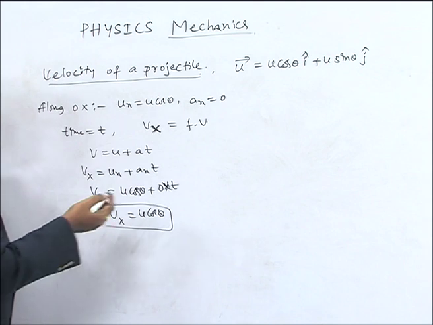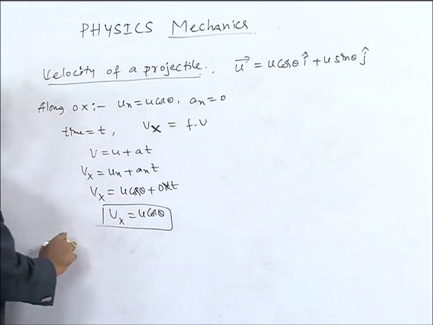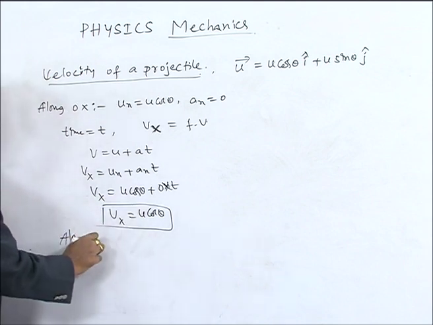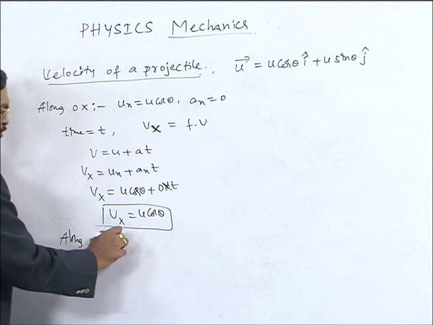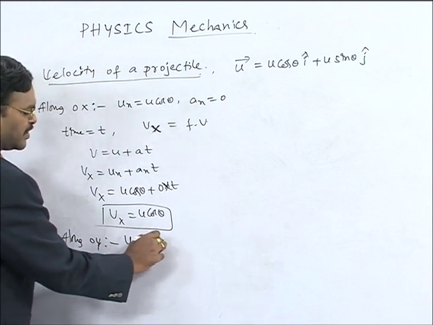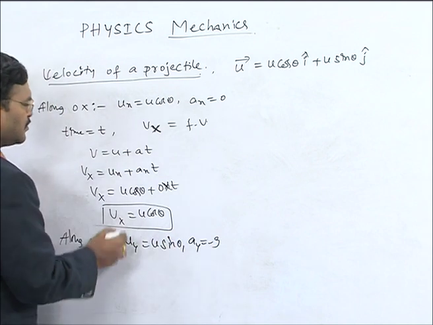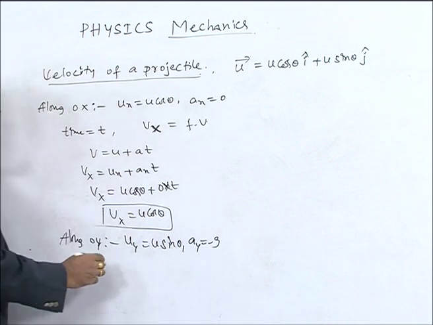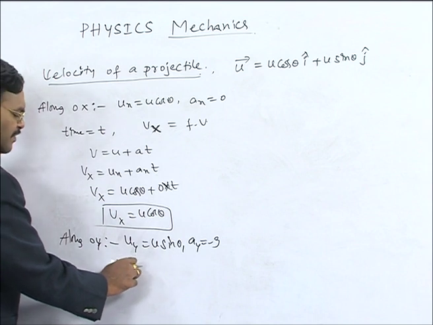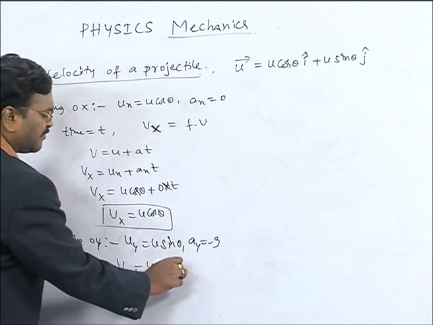Now in the vertical direction along Oy, uy is u sin theta and ay is minus g. Vertical direction vy is equal to uy plus ay into t.